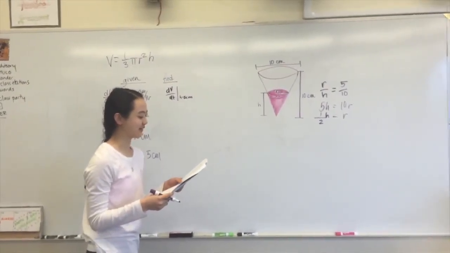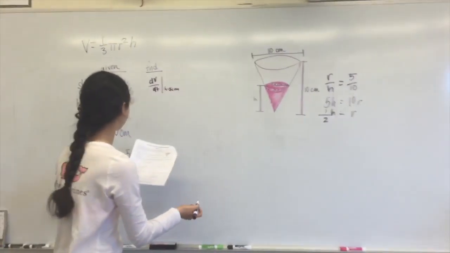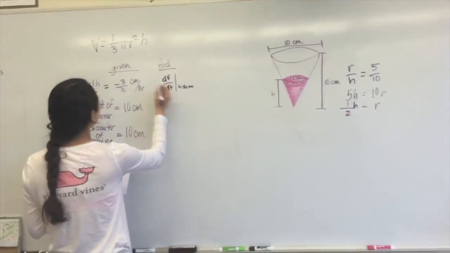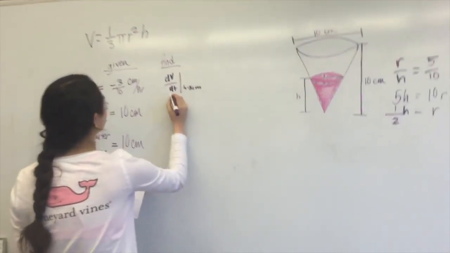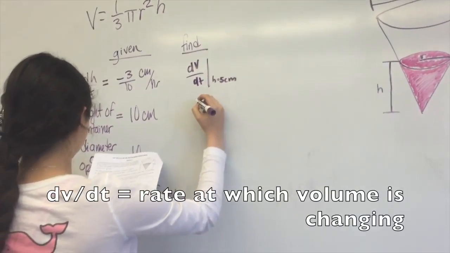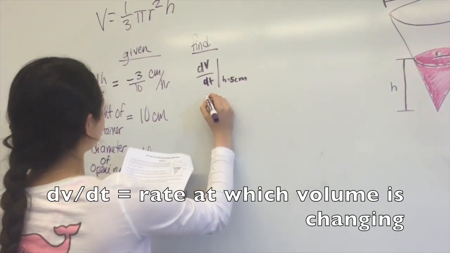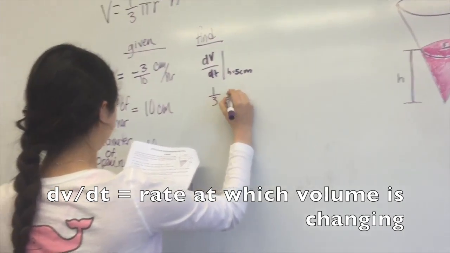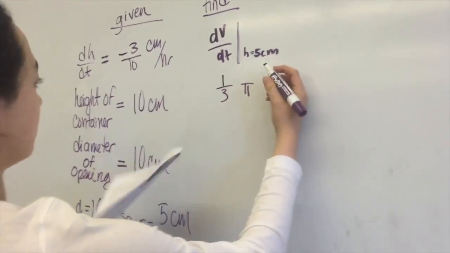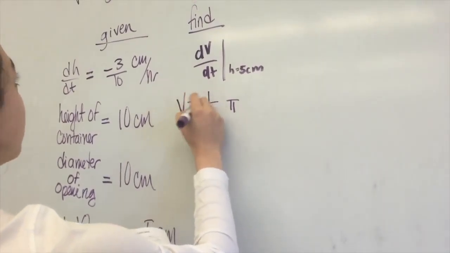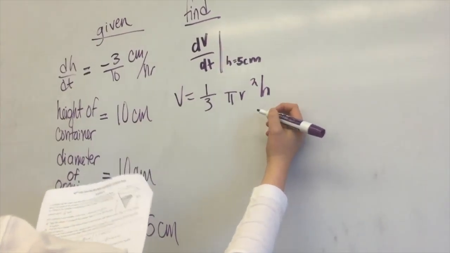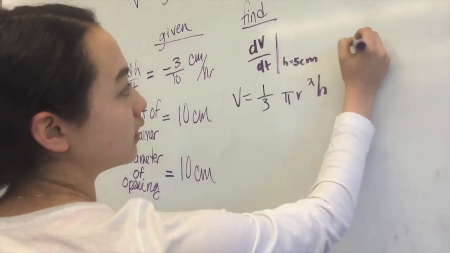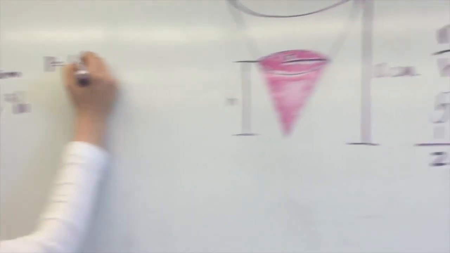For part B, we want to find the rate of change of the volume of water in the container. So you basically have to derive the equation to find volume. So you're finding dV over dt. So the volume is 1/3 pi r squared h, and you know that r from the previous question is 1/2 h.